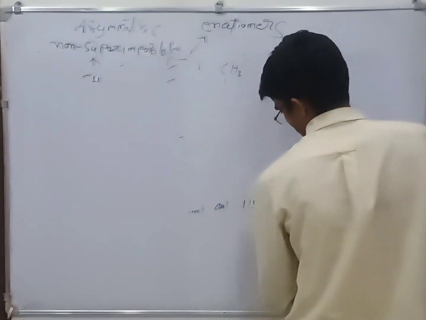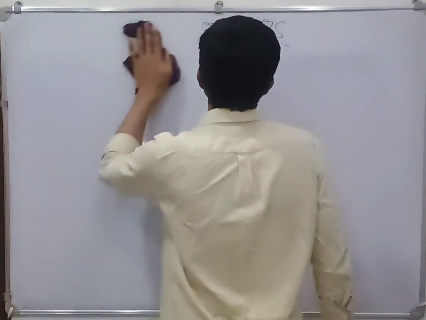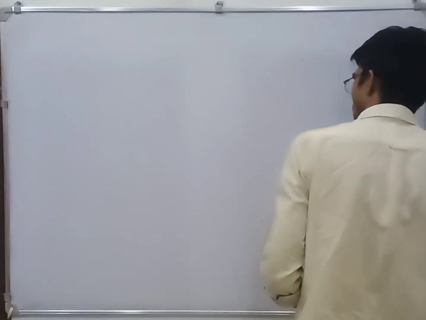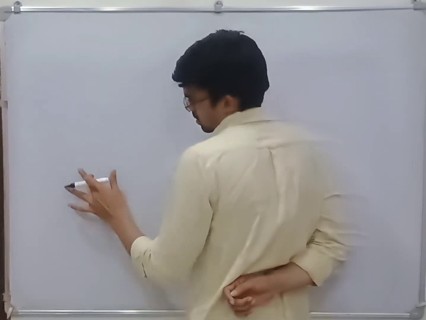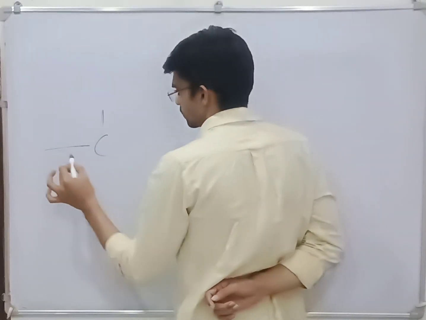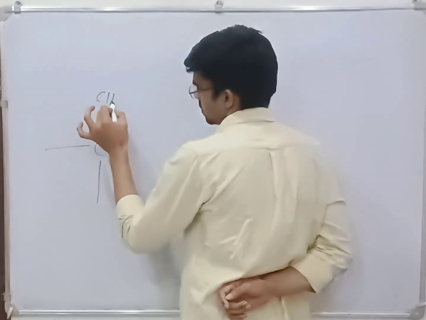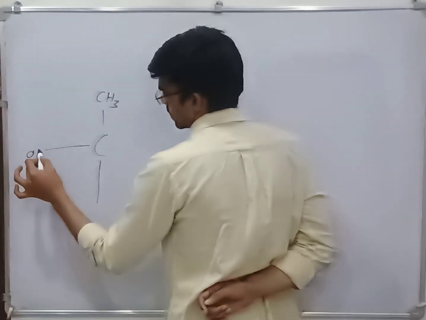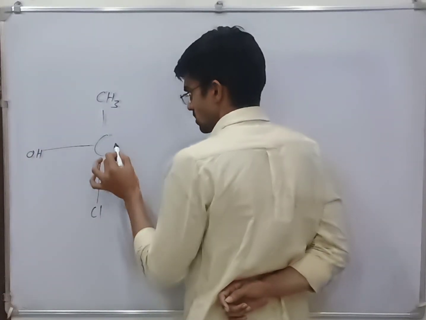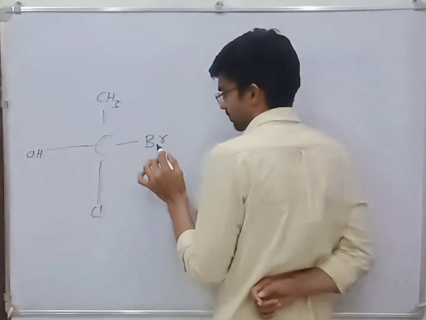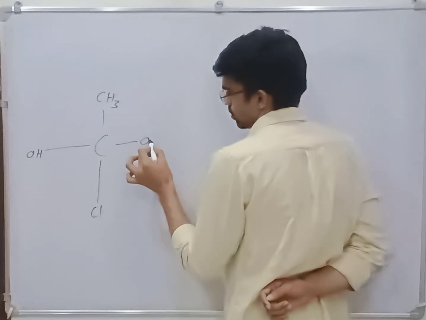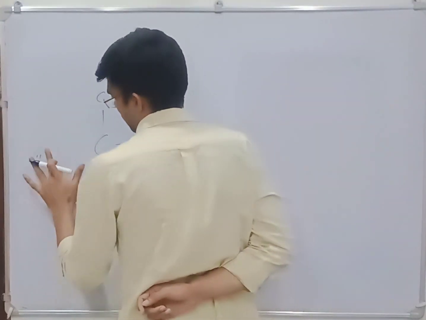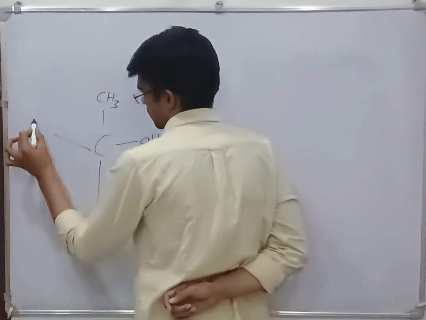Racemization. Let us consider we are having a chiral carbon, C1, C2.